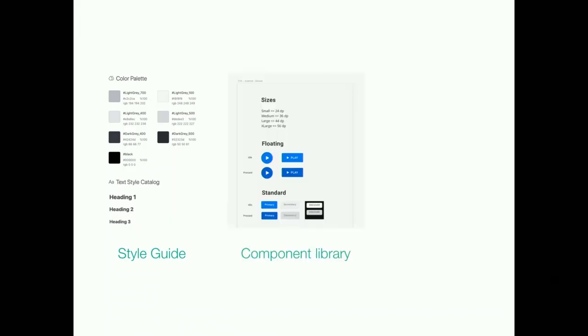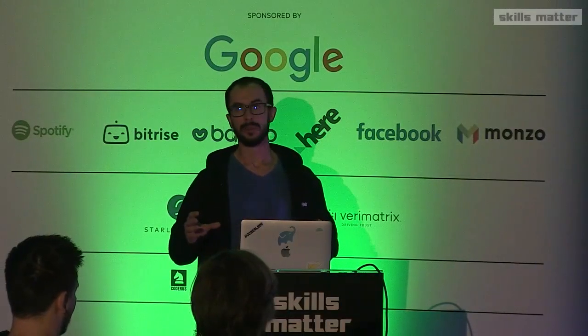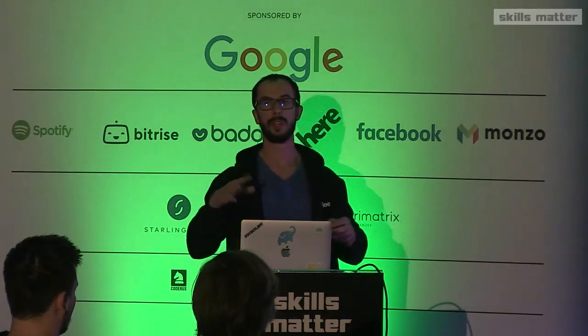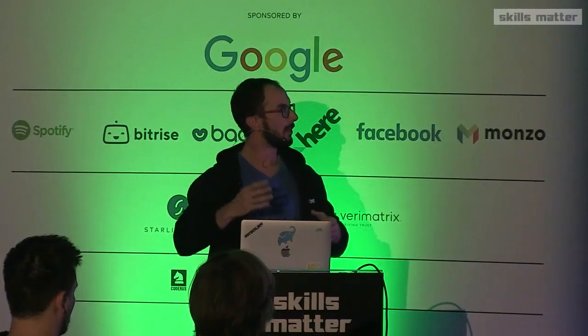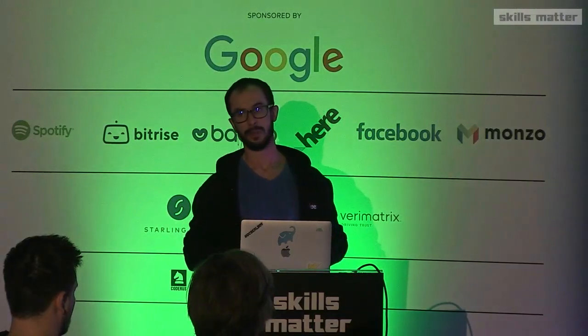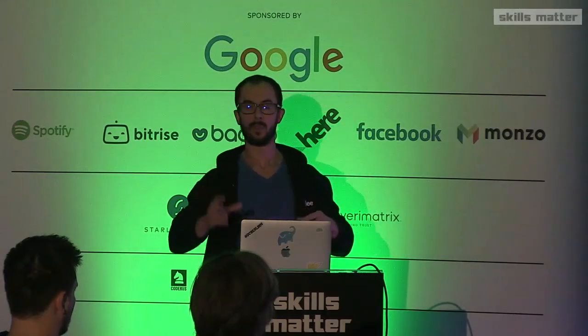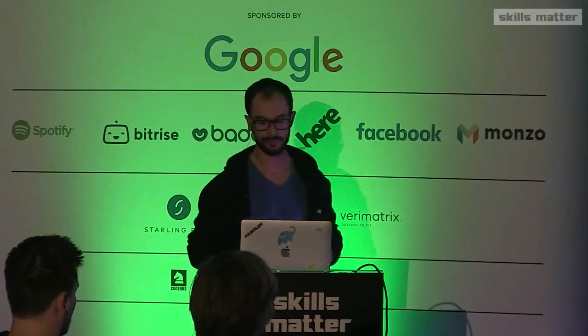The second part of the design system is a component library. That is basically where you put everything that you display in your application or your website in terms of components, okay? That way you will have somewhere to look when you are searching for a specific component.